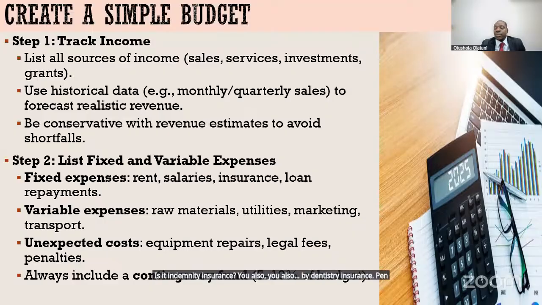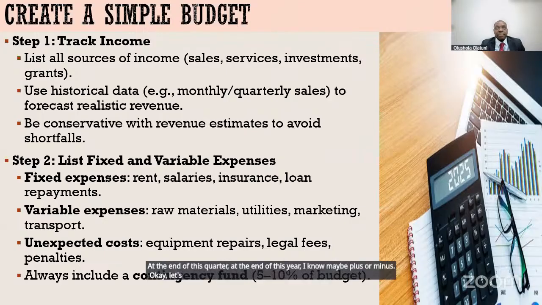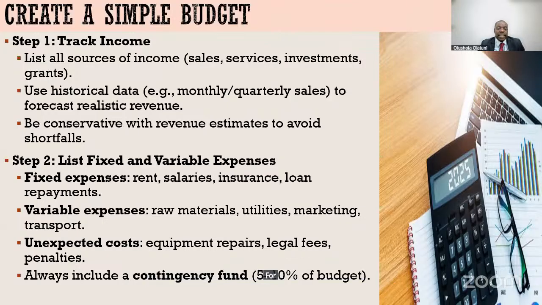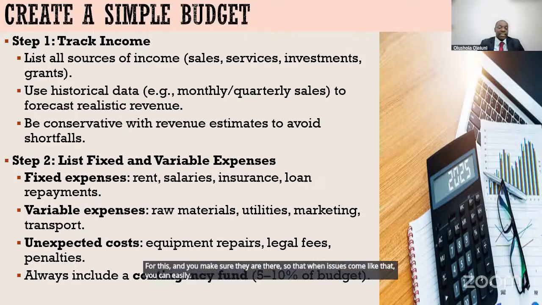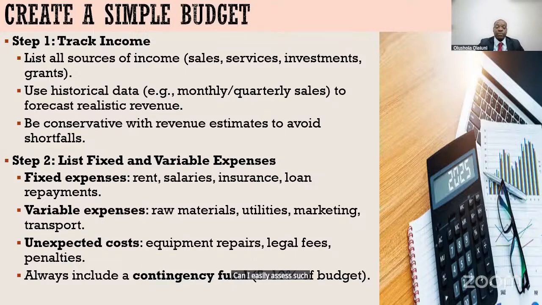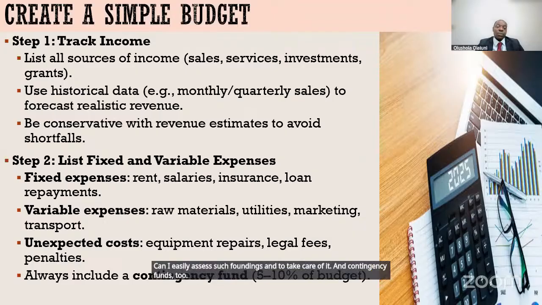Those are things you look at, okay, maybe at the end of this quarter, at the end of this year, I know maybe plus or minus. Let's budget maybe 500,000 for this, and you make sure they are there so that when issues come like that, you can easily access such funding and take care of it. Then contingency funds too. We also plan for the unexpected.